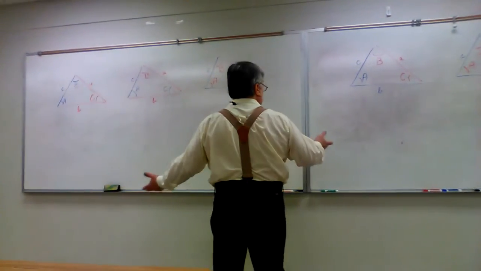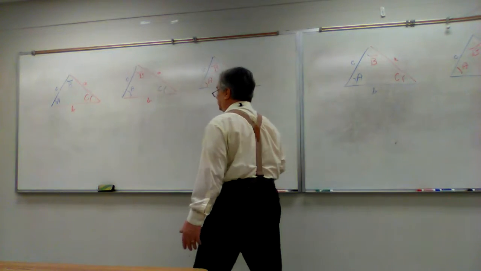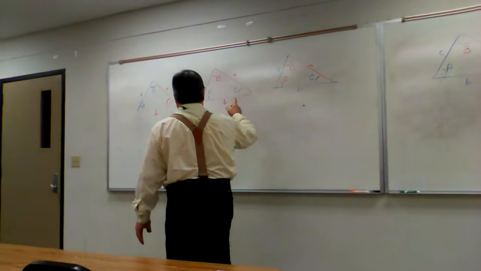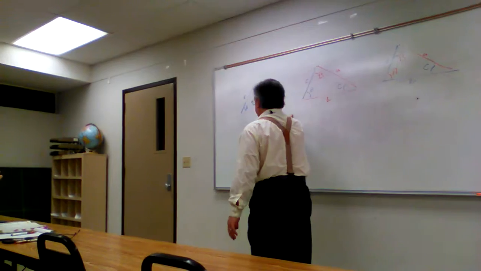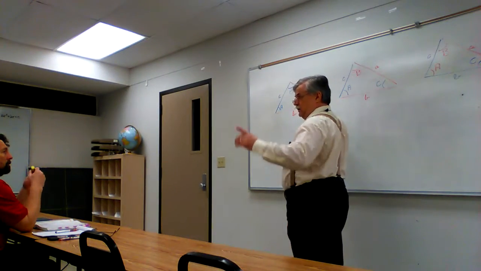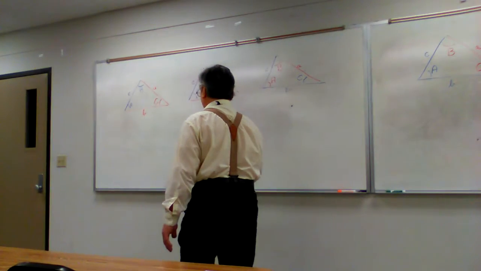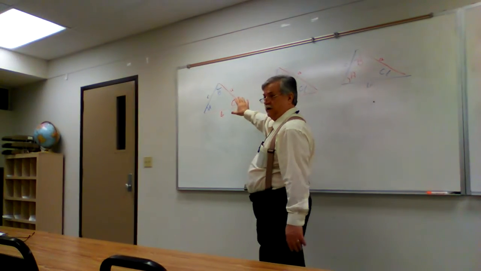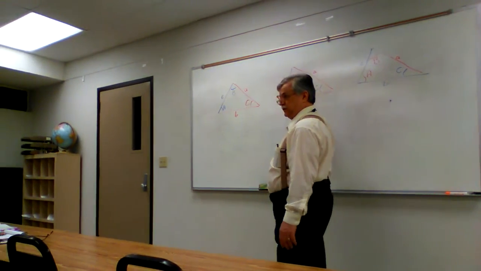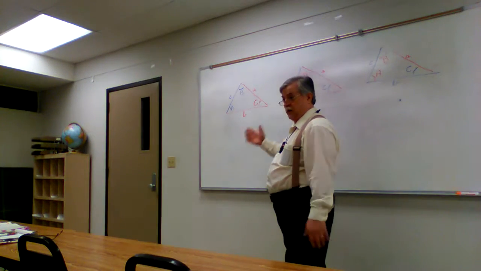Now, what's the difference? Well, the way I've drawn them matches the book. Everything in red is unknown, and what you see in blue is assumed to be a known value.